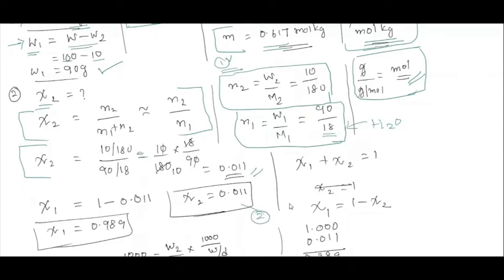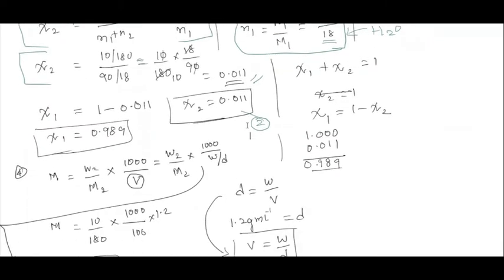Take down, and it is also asked chi1, the mole fraction of all components. So we know already chi1 plus chi2 is equal to 1. Therefore chi1 is equal to 1 minus chi2. So what is chi2 here? 0.011. Always do it systematically.